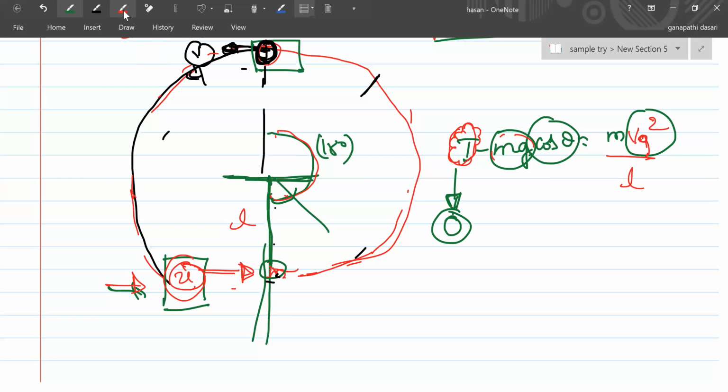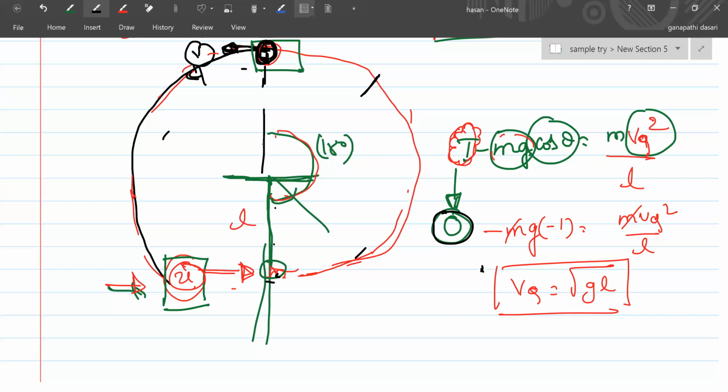If it does not have that, it will actually fall down. So is it exactly root gL? No, we need slightly more than root gL, because the tension should not be completely 0; with 0 tension it will directly fall down. Even 0.00001 of tension, if a bit of tension is there, it can complete circular motion.